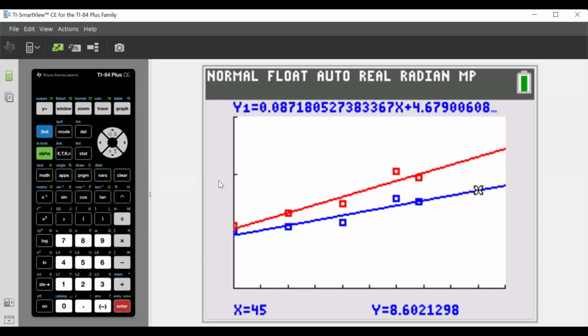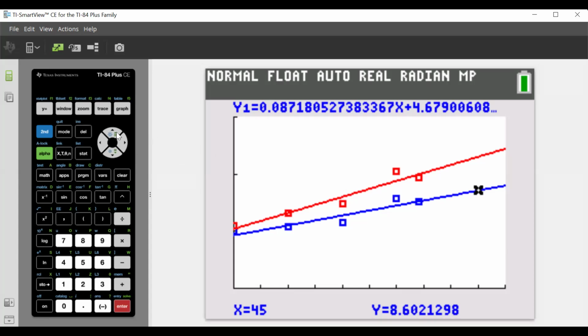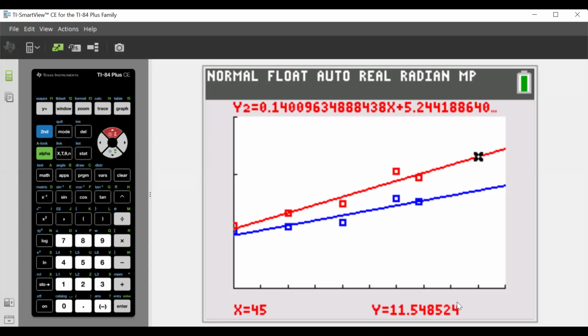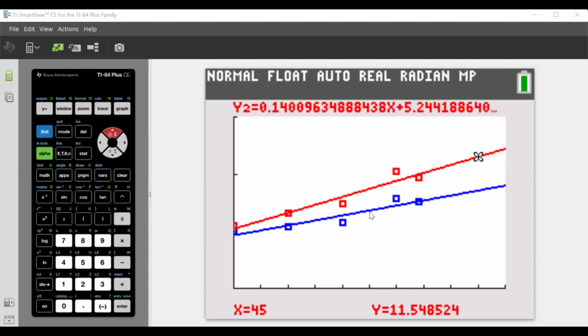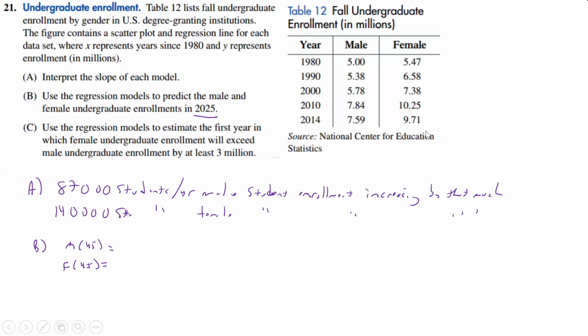Now, a nice thing about this is since we're already on this graph, if we arrow up, that gives us 11.5 million for females. Once you're on a graph, you don't have to keep typing it in. You can just move up and down on it. And so going back to our table, males is going to be 8.6 million, and females is going to be 11.5 million.